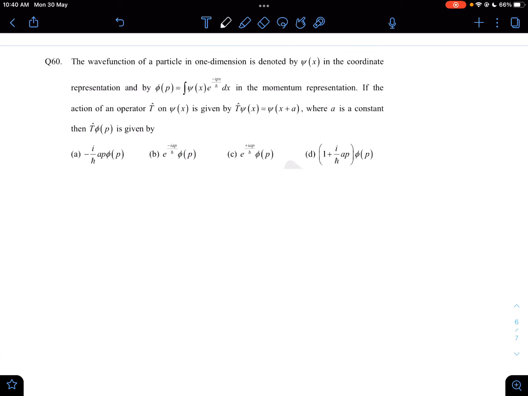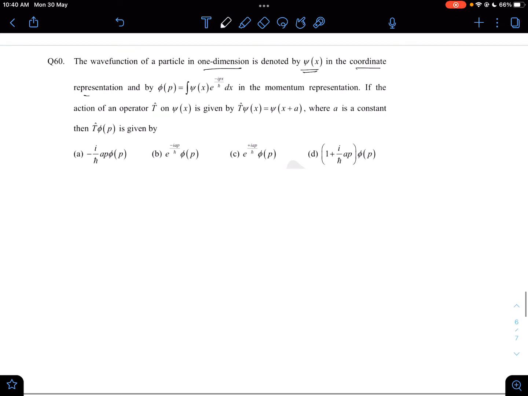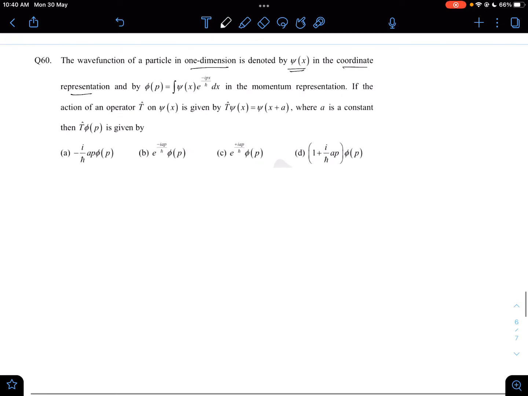Now let us move to the third problem. We have a problem that the wave function of a particle in one dimension is denoted by psi x, so it is in the coordinate representation, and in the momentum representation we have psi p as this. We know that position and momentum coordinates are connected by Fourier transformation.